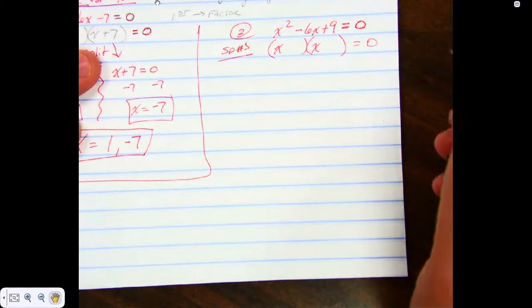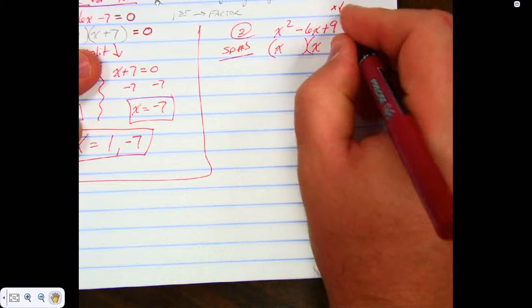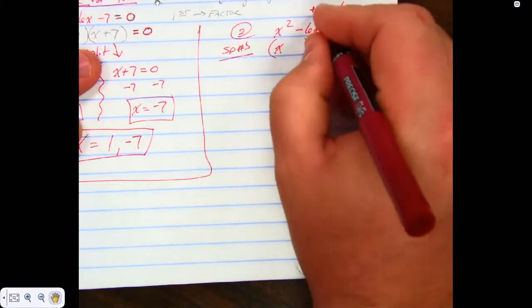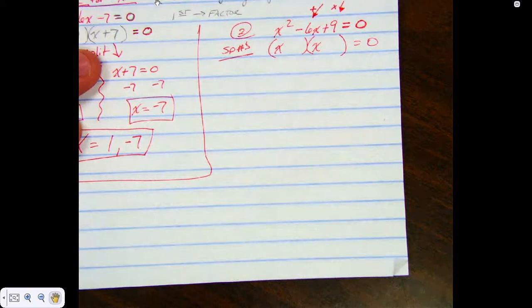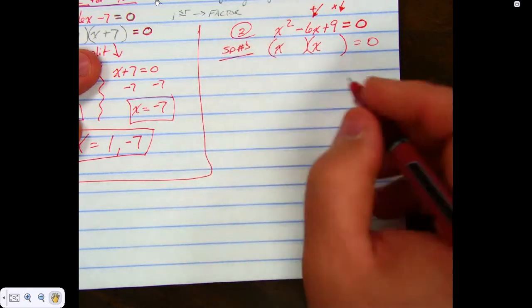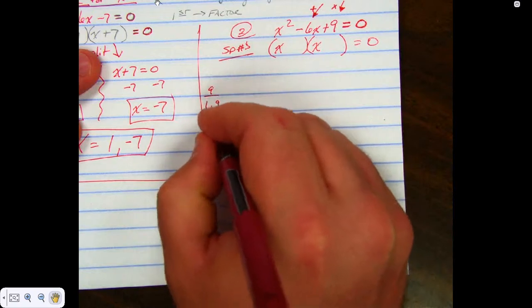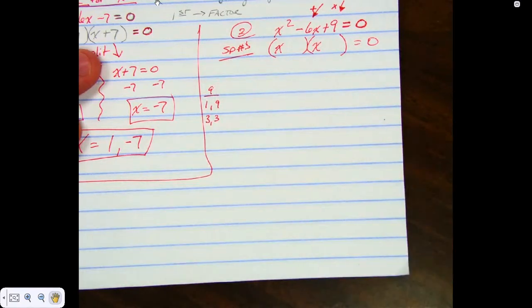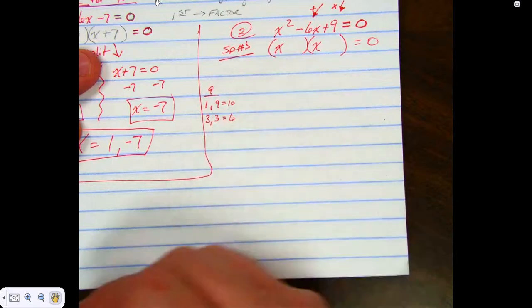Special numbers. I need to find the numbers that multiply to get 9, right? And add to get what? -6. This one's a little harder, isn't it? Because you're probably thinking of your factors of 9, which are 1 and 9, and 3 and 3, right? Would everyone agree? Those added together equal 10 and 6.